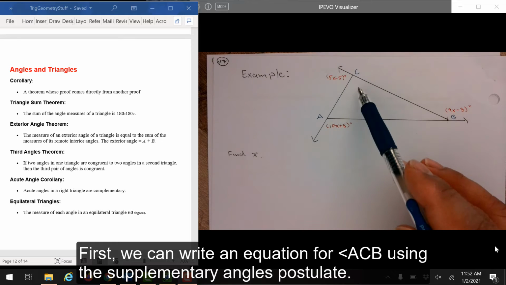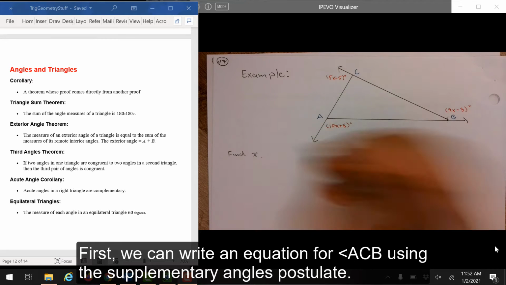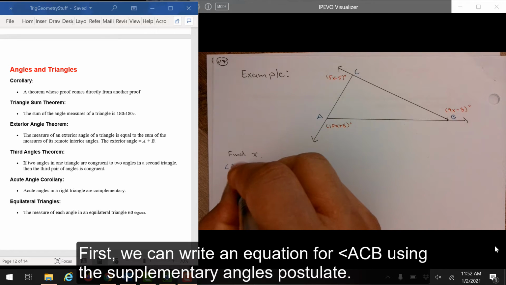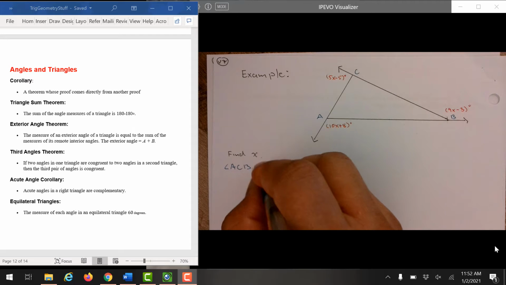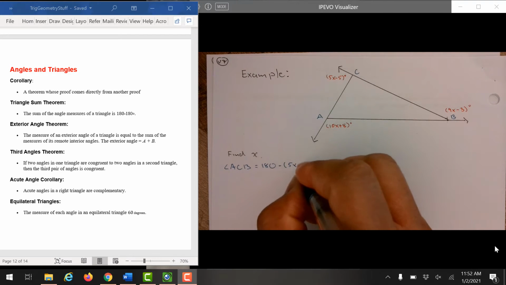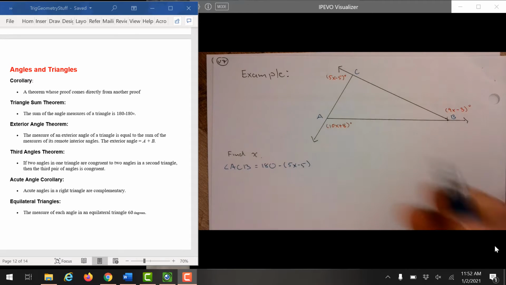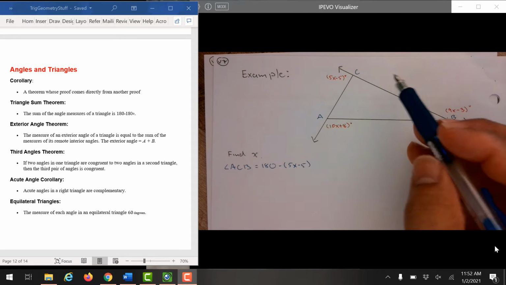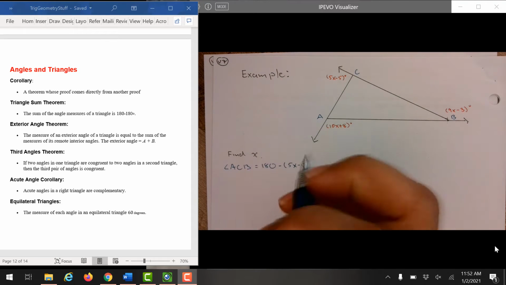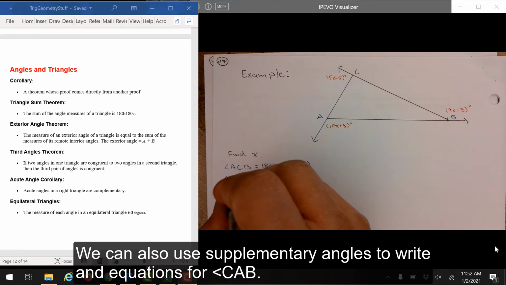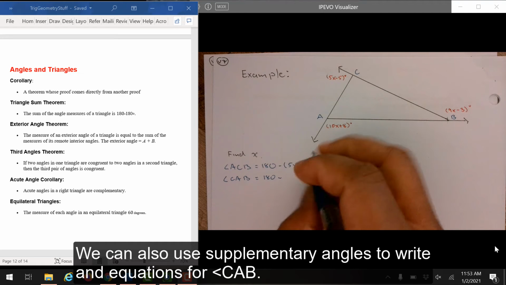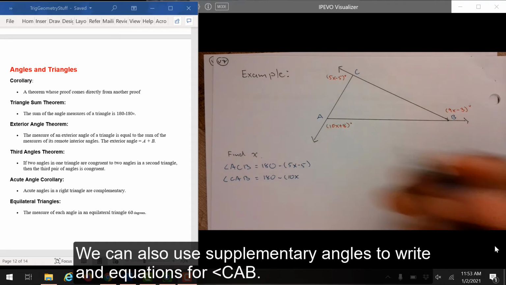First, we can write an equation for angle ACB using the supplementary angles postulate. We can also use the supplementary angles to write an equation for angle CAB.